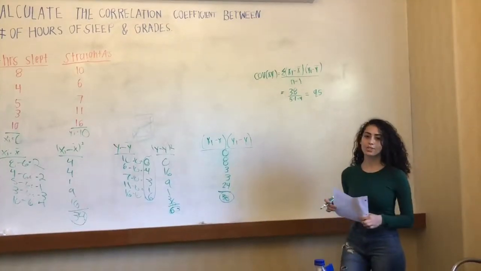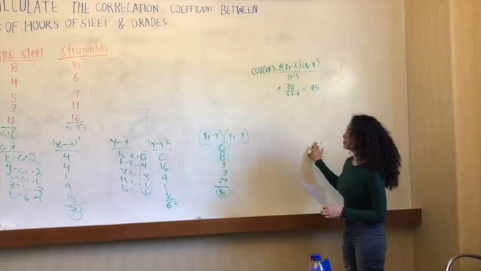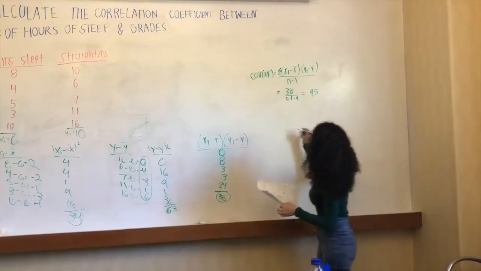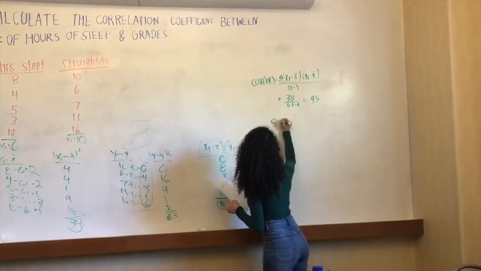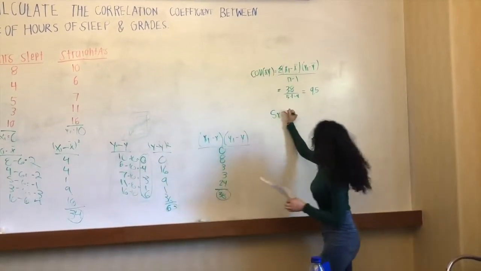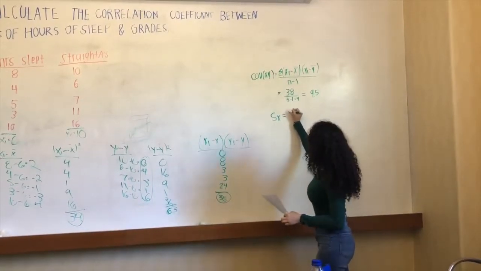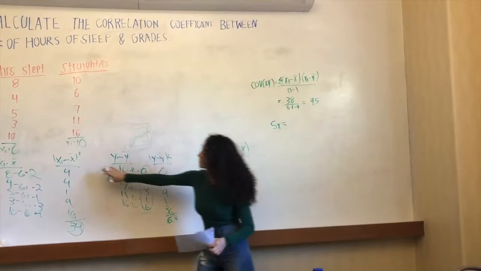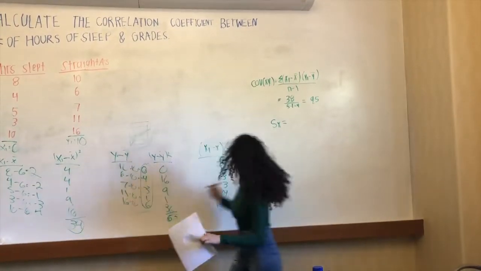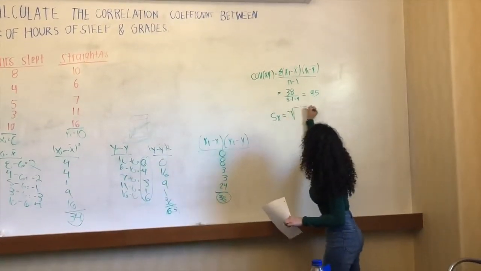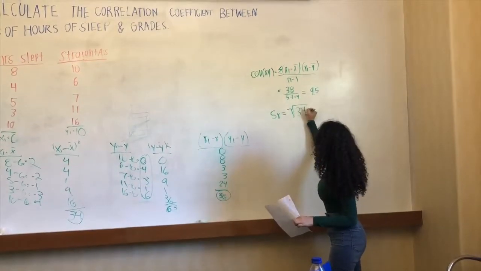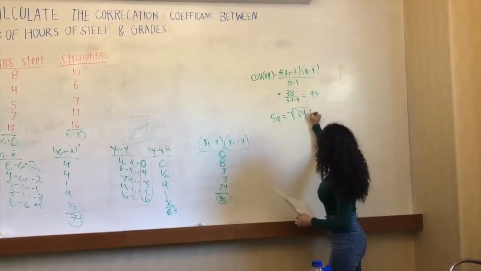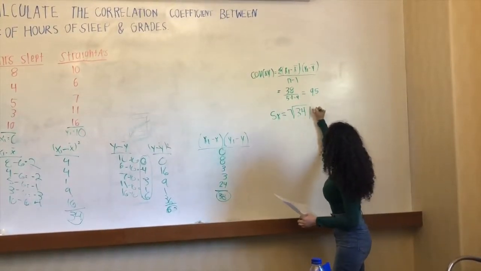The seventh step is to find the individual standard deviations of X and Y. The first one is for X, and we're going to plug in the sum of X squared, which is 34, take the square root, and divide by n minus 1, which is 4.